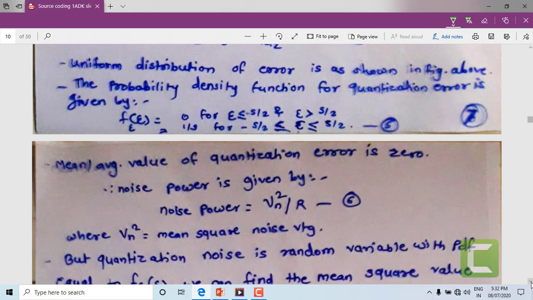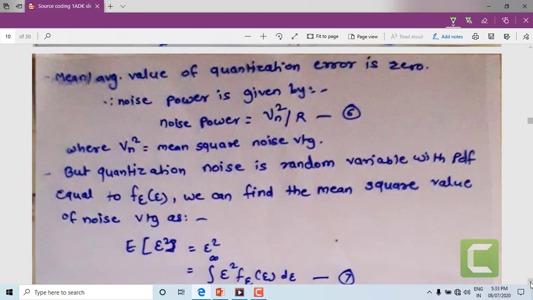The noise power is always obtained as V squared divided by R, and for the noise signal V will be replaced by Vn, so it will be obtained as Vn squared divided by R. Now the quantization noise is also a random variable with the PDF that has been represented in the above figure, which had a uniform distribution. Now let's find the mean square value for that probability density function of quantization noise.